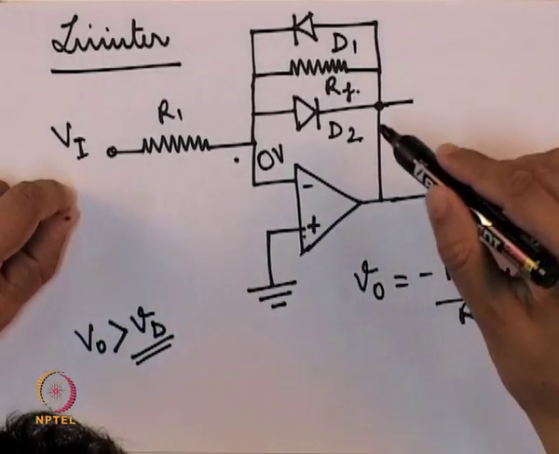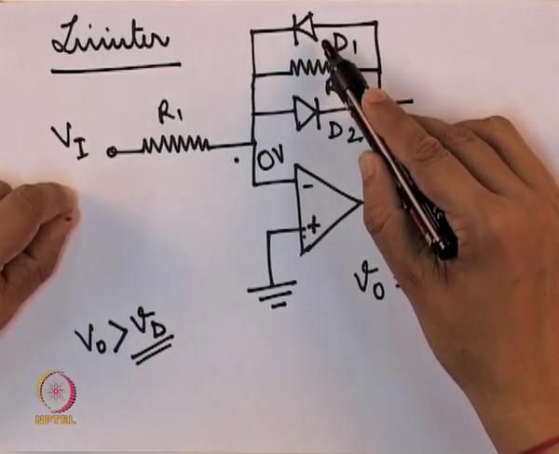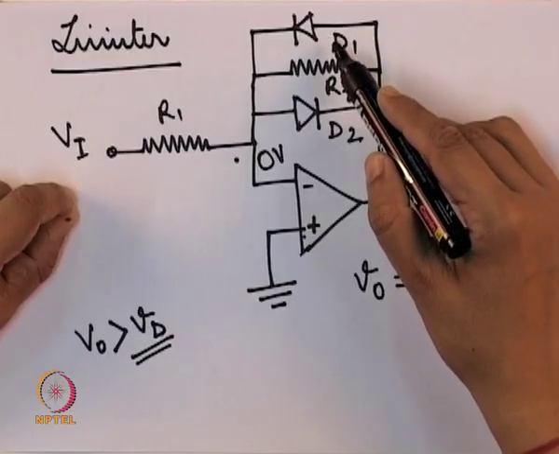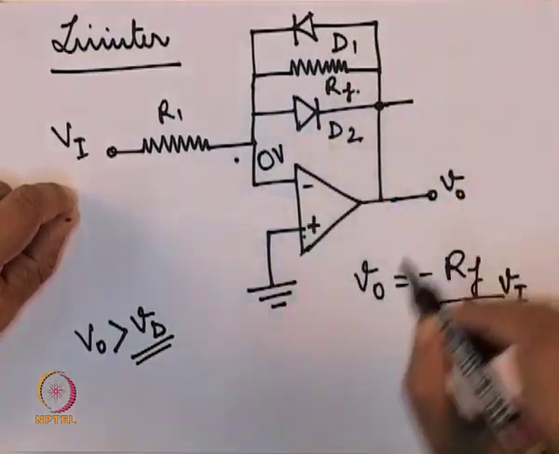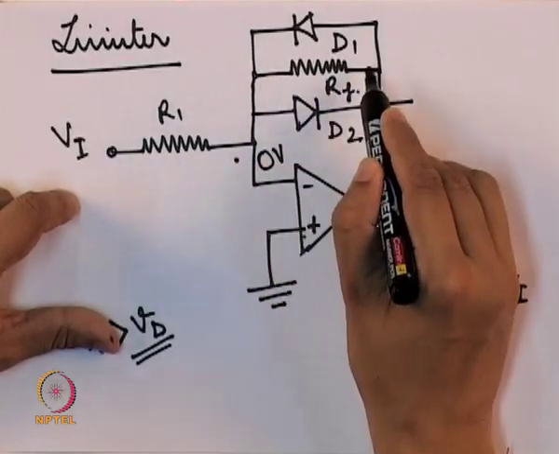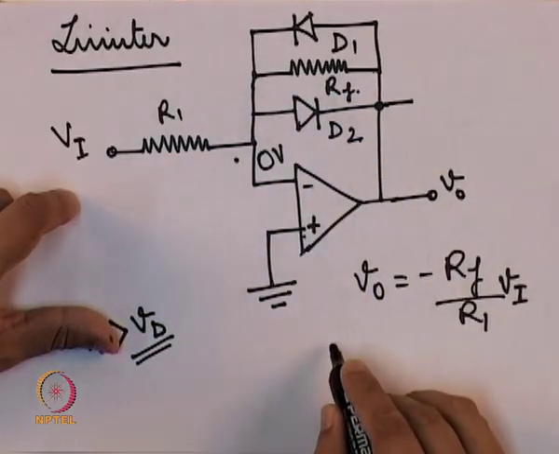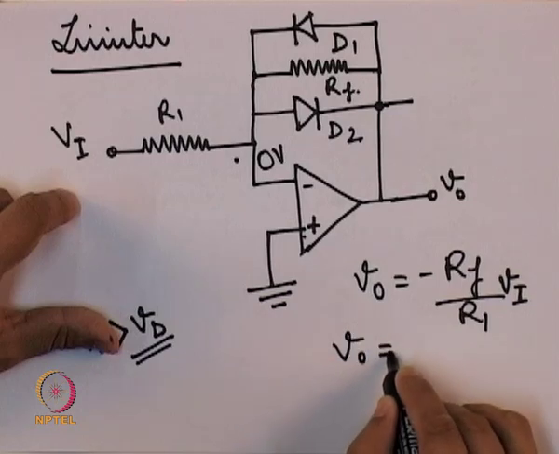Then diode D1 will start conducting, and there will be a short between these two terminals. If there is a short between these two terminals, then Vo will be 0.